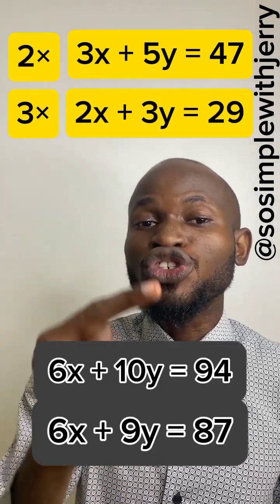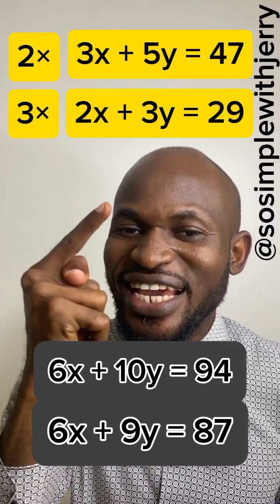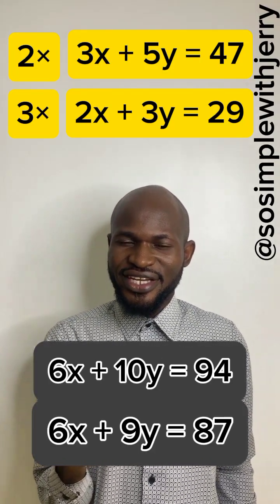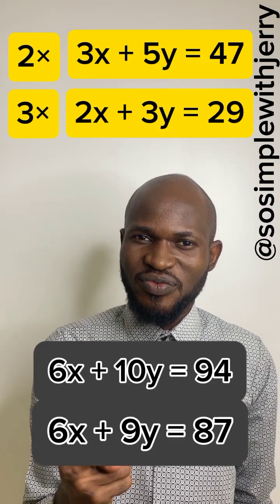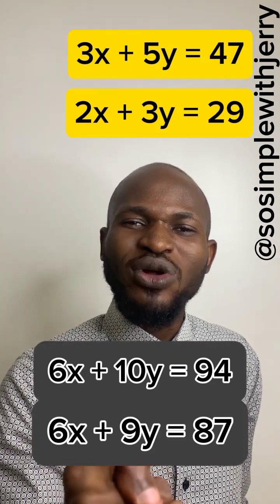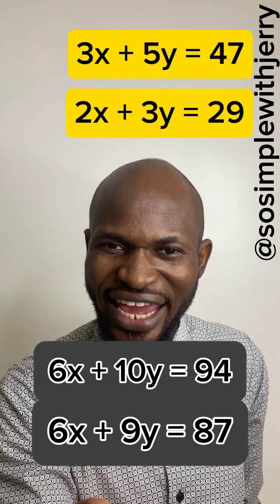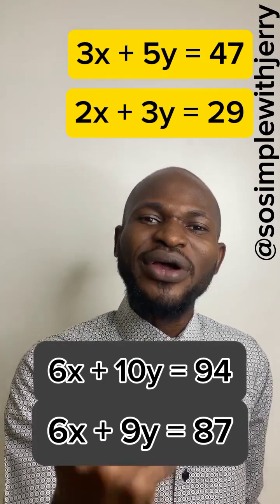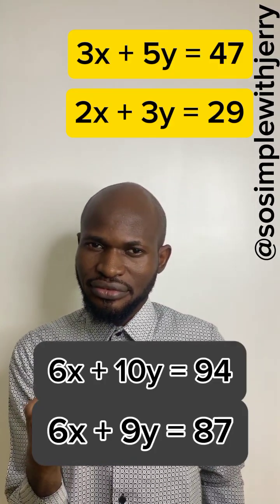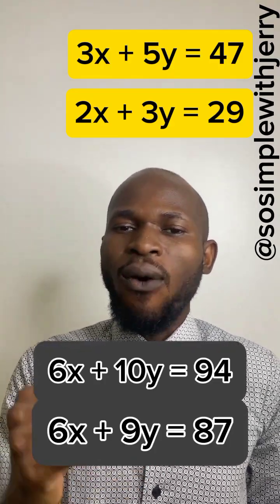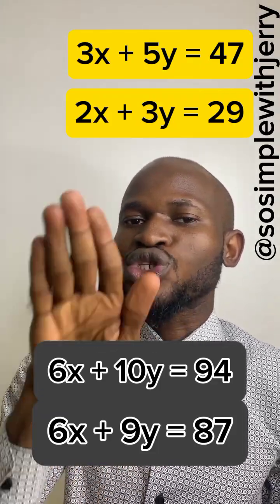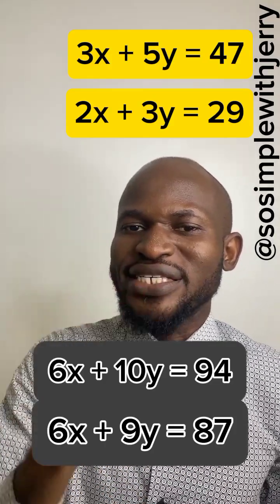Then multiply your 3 by 29, and you will get 87. So our fourth equation will be 6x plus 9y is equal to 87.